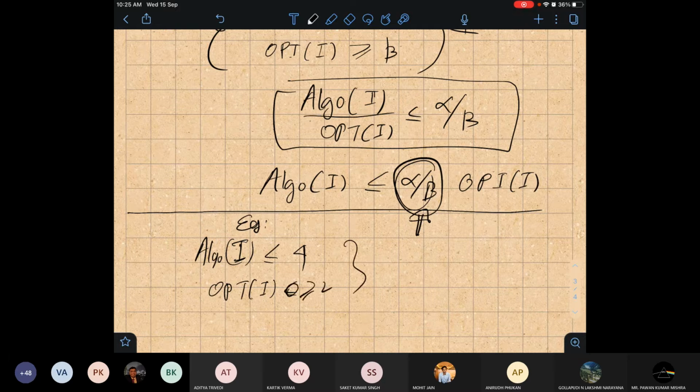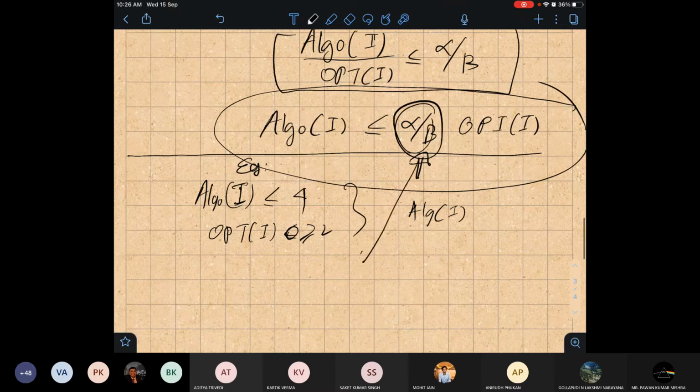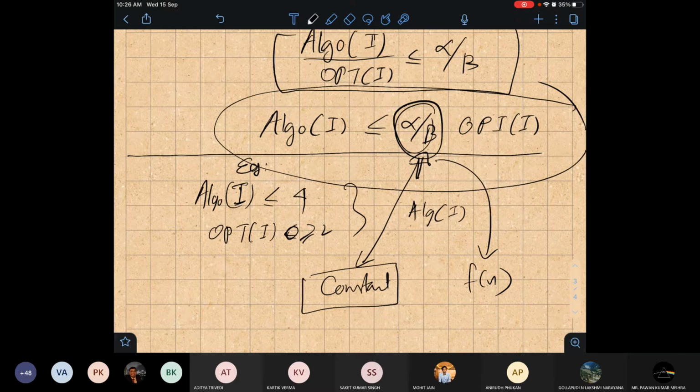Then we say our algorithm is 2-factor for this instance particularly. Generally we have to establish this relation for all instances of the problem. So this alpha by beta is a factor. Sometimes it will be a constant factor, sometimes it depends on the input size. If it is a constant, then we say this algorithm is a constant factor away from the optimal.